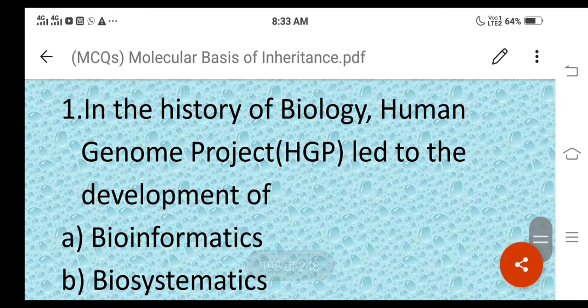The Human Genome Project led to the development of bioinformatics. It means the use or application of computers in the field of biology. This is called bioinformatics. Option A is the correct answer.